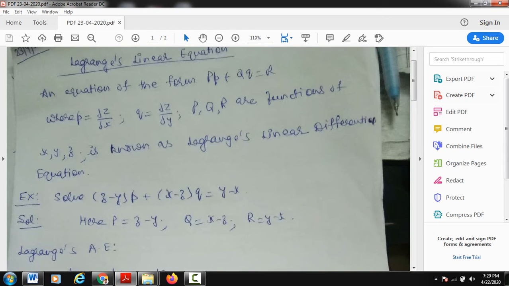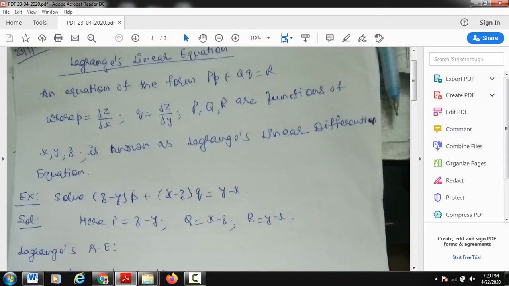It should be strictly restricted to 1. These are the two criteria. First, the highest order of the partial derivatives should be 1, and second, its degree should be 1. Okay, so this is your Lagrange's linear differential equation.